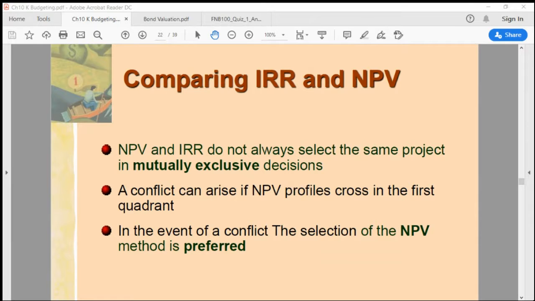But as I said, it is of little practical value, little practical significance, because if you get a negative internal rate of return, first of all, such a project will be dropped, right?